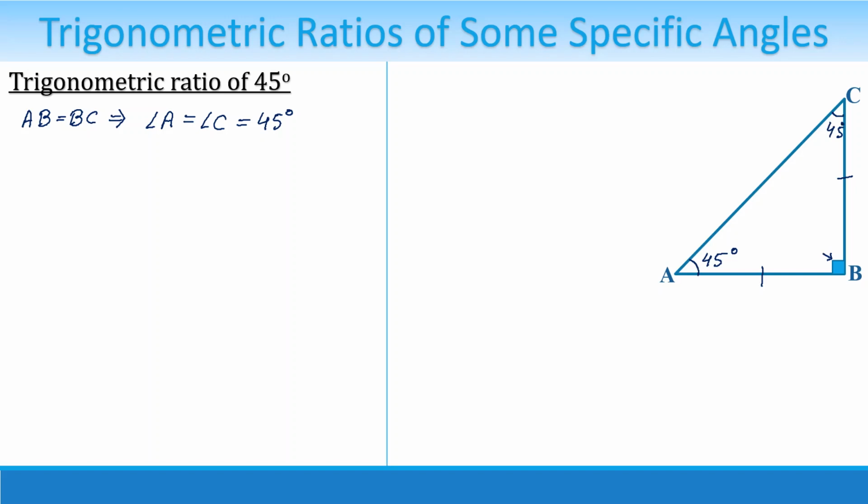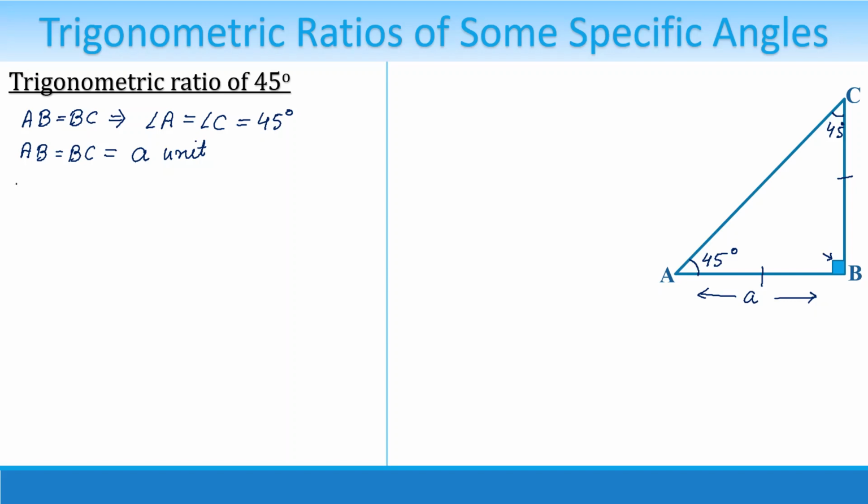This angle will also be 45 degree. Now, for our convenience, we will consider that the lengths of AB and BC are a unit. If we took the length of the line segment AB as a unit, then definitely the length of BC will also be a unit.